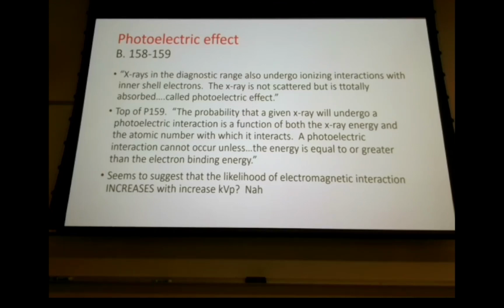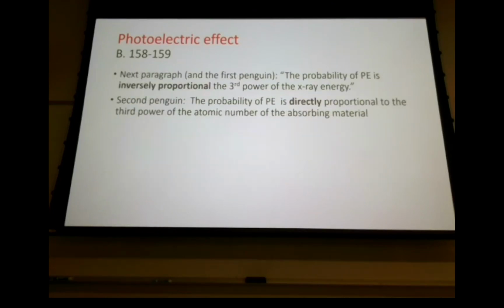Where's the electron binding energy going to be greatest? Inner shell, right. So back to our solar system model that we talked about last semester. The closer to the nucleus, the more tightly bound they are. So it seems to suggest that the likelihood of interaction increases with increased kVp, but it really doesn't.